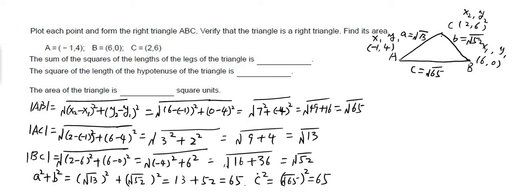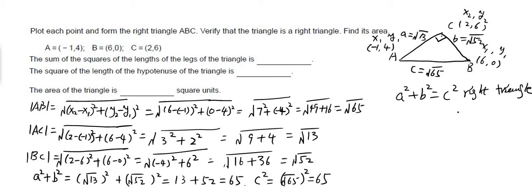So these two are equivalent to each other, and it satisfies the Pythagorean Theorem. So that means this triangle is a right triangle.